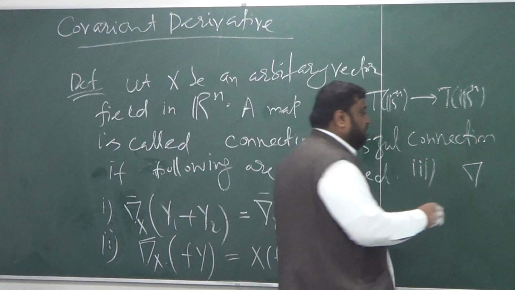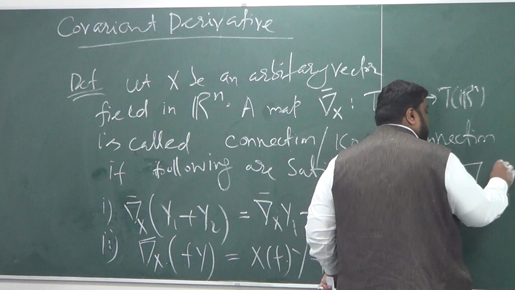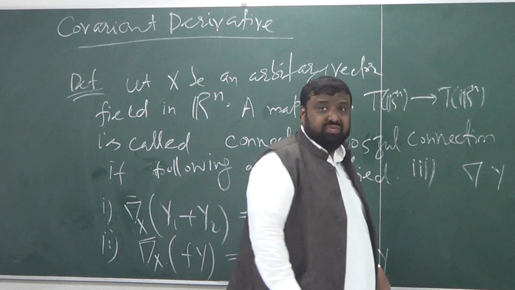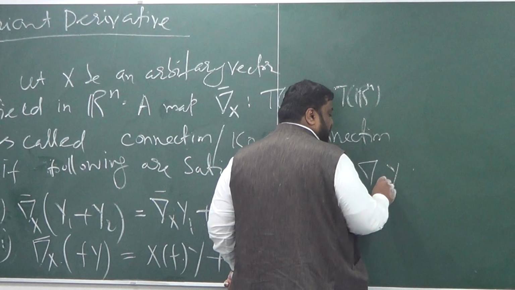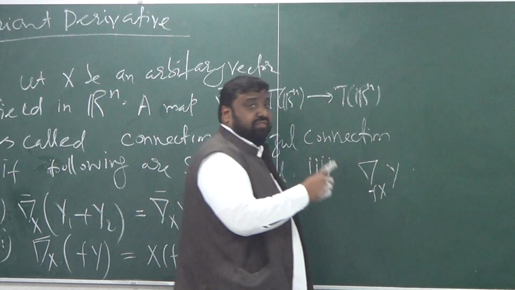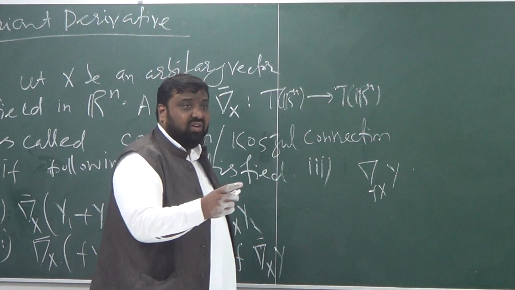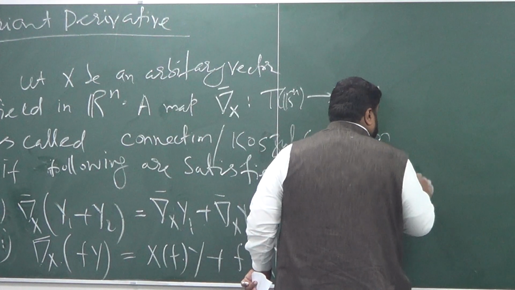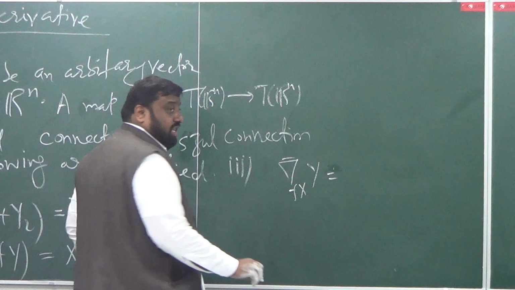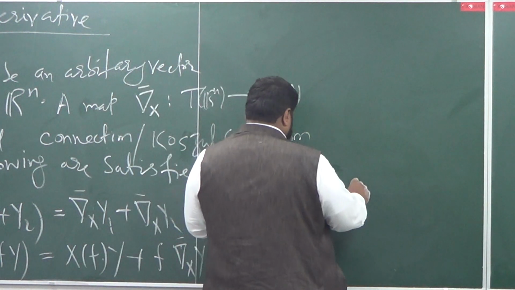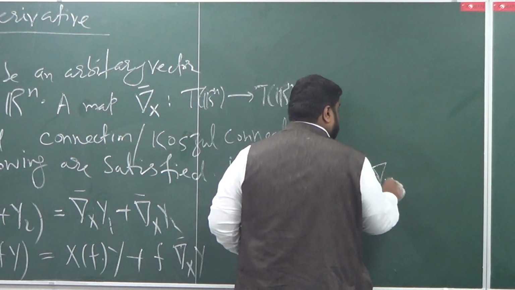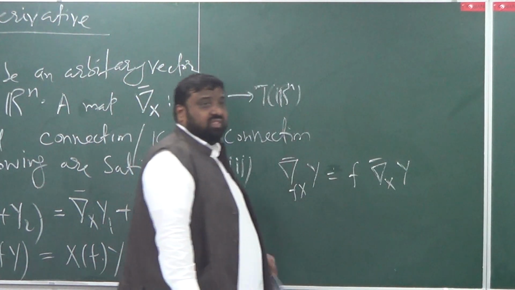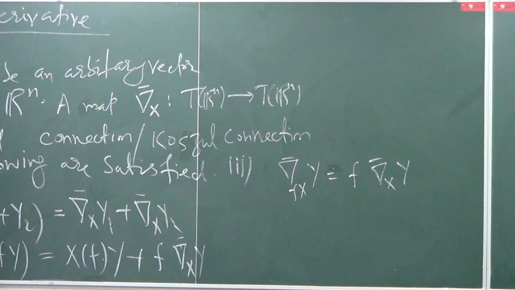So what do I mean by that? If I am computing the directional derivative of Y, not in the direction of X, but fX, where f is some scalar field, then what output must I expect? It should be f multiplied by the directional derivative of Y, the covariant derivative. Are you getting the point?